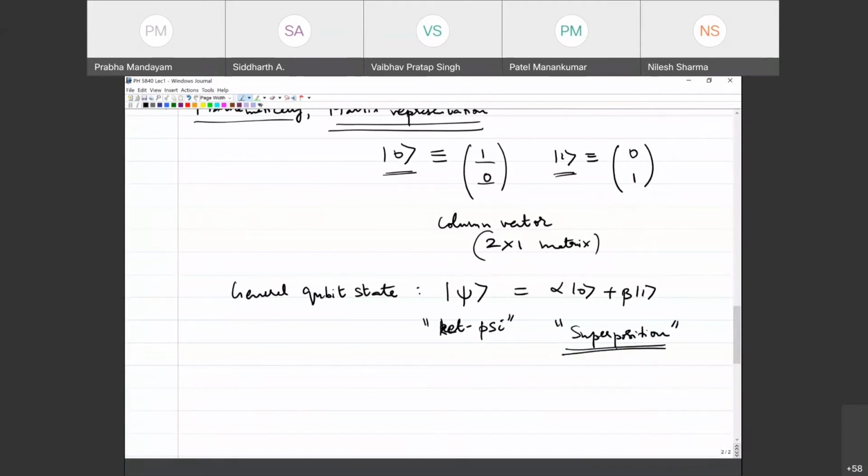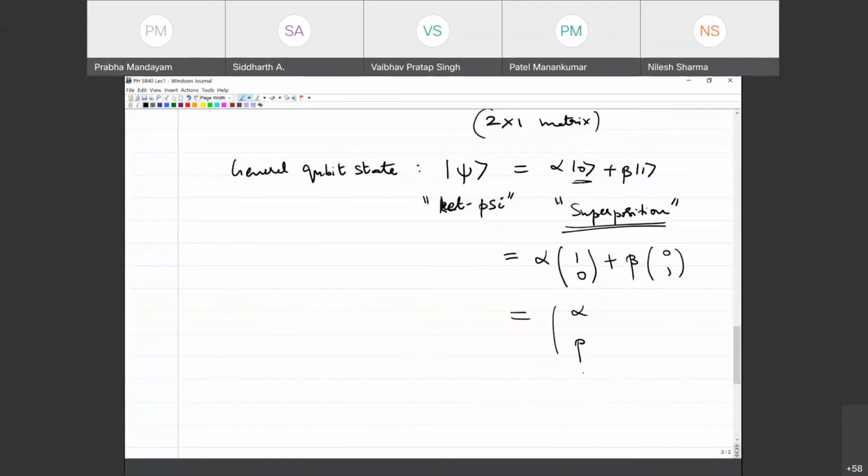How would I represent this in this matrix notation? This will become alpha times the column vector 1, 0 plus beta times 0, 1. So this will simply become the column vector alpha, beta. And so I can simply represent all my qubit states in terms of column vectors like this, right?